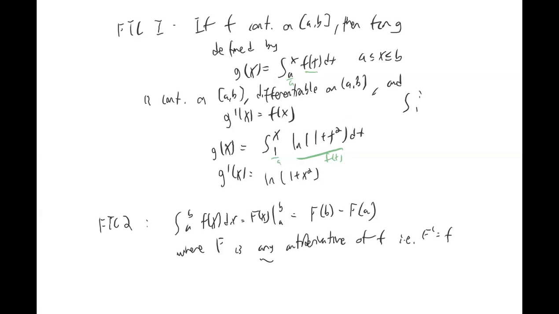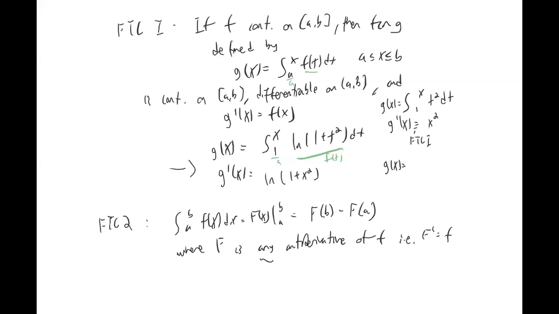So let me do an example. If g of x is the integral from 1 to x of t squared dt, then g prime by FTC1 is just x squared. Agree? You just plug in x for t, like here. But here you could also go to FTC2. What is the antiderivative of t squared? So the derivative of what gives t squared?